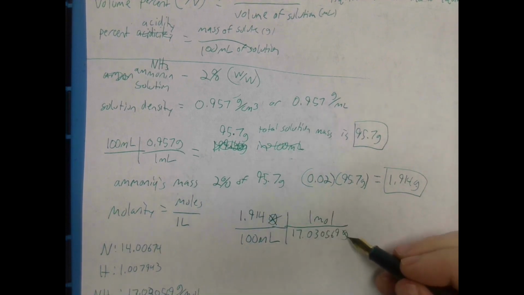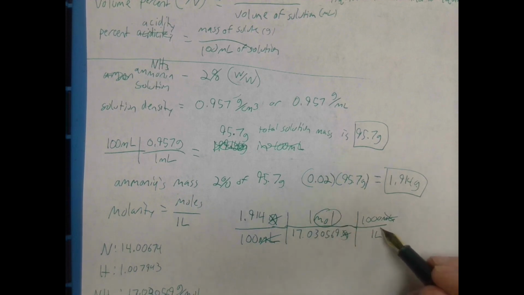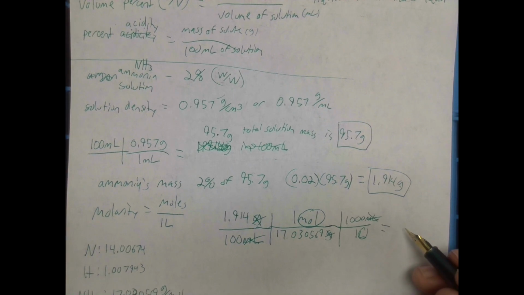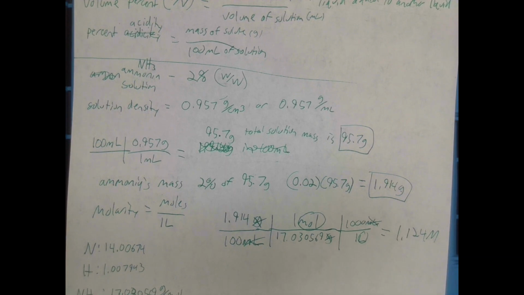That is grams. And we know that there is 1 liter and 1,000 milliliters. That gets rid of milliliters. And now we're left with moles per liter, which is molarity. So it is a 1.124 molar solution. Make sense?